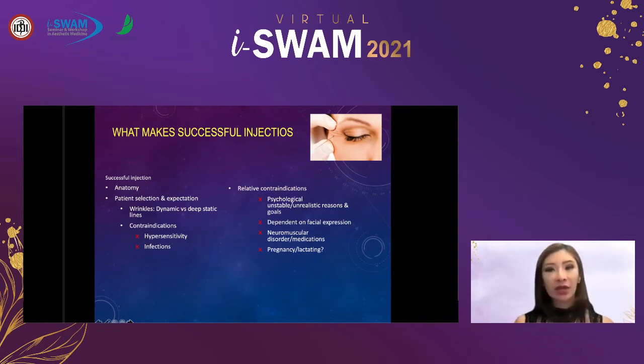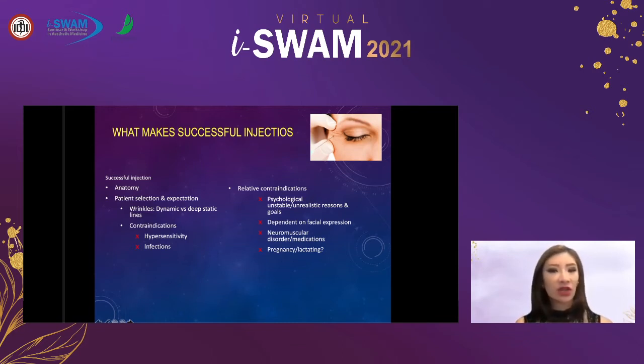Other than that, we have to tell the patients if they have contraindications to the treatment, such as a history of hypersensitivity to toxins before, and also if there is any active infection on the sites that we are going to inject.